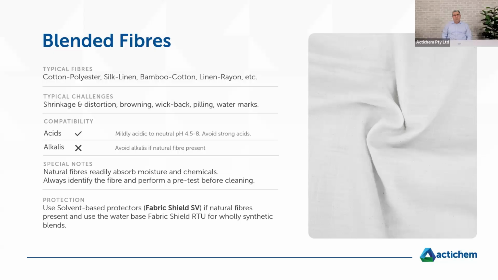So remember to treat the blend as per its most delicate fiber, and if you're lucky and the blend is a completely synthetic blend, then you can treat it as a synthetic. As with the protection, if it's got any natural fibers in it, make sure that you use the solvent-based protector. If it's wholly synthetic, you can use the water-based protector.